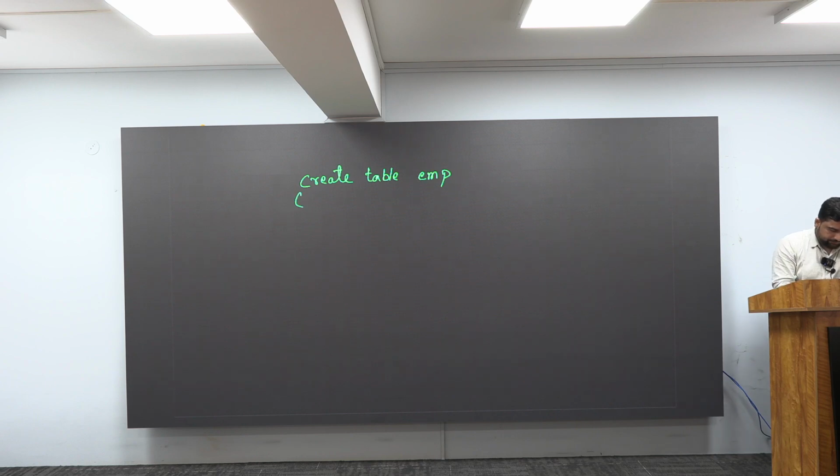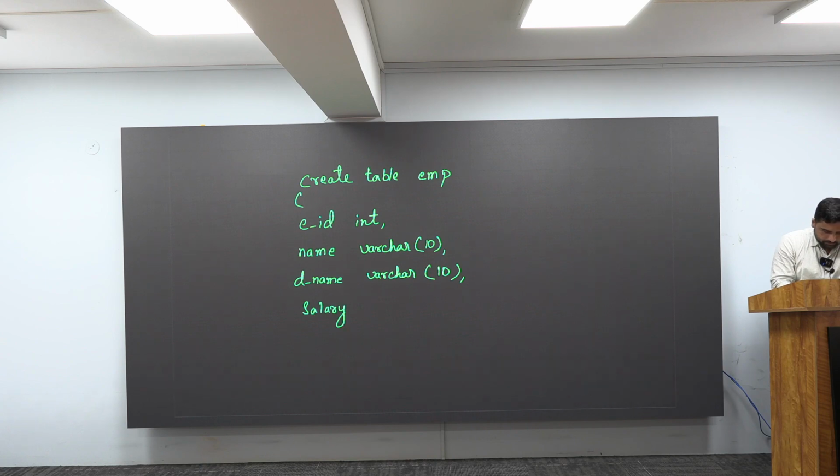Inside our table, we have employee ID, which I can give int. We have name, which I can give varchar. After that, we have department name, which I can give varchar. After that, we have salary. I will give float for this. Now I will close my parenthesis.